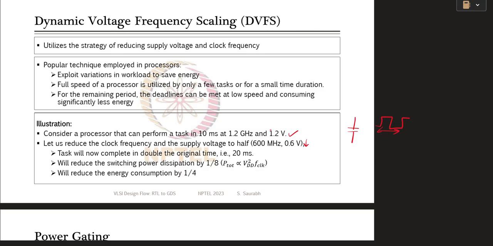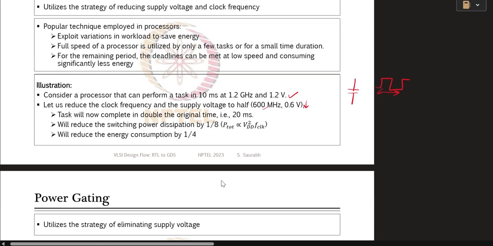So our time period will increase and frequency will decrease. That is what happens in dynamic voltage frequency scaling: due to the change in voltage, we are also scaling the frequency. Like here, voltage becomes half, frequency also becomes half, power dissipation becomes 1 by 8 times, and energy consumption becomes 1 by 4 times.